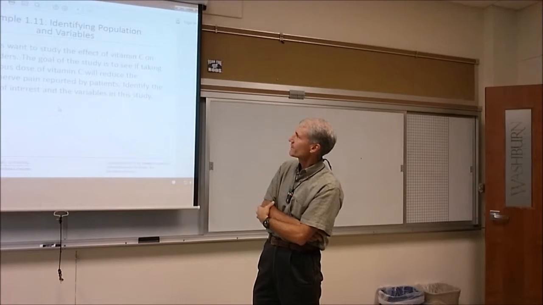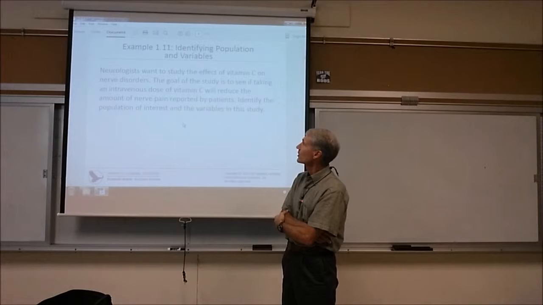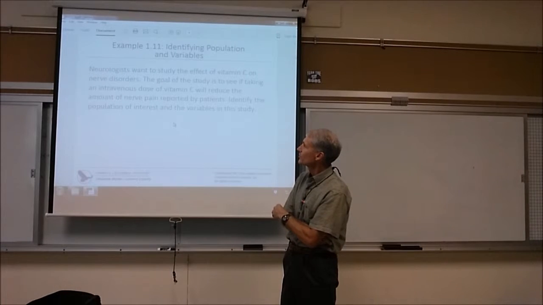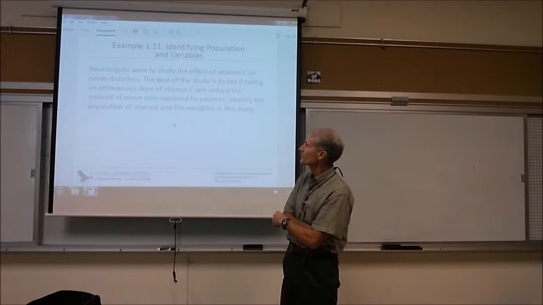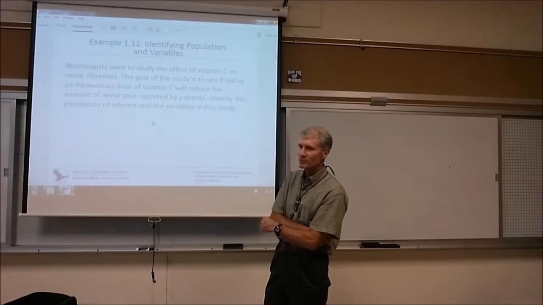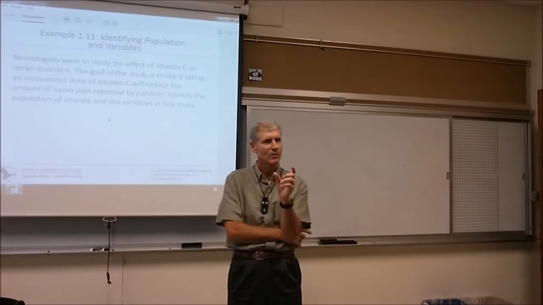Neurologists want to study the effect of vitamin C on nerve disorders. The goal of the study is to see if taking an intravenous dose of vitamin C will reduce the amount of nerve pain reported by patients. Identify the population of interest and the variables in this study. I'm going to add to that a little bit, but what's the population?